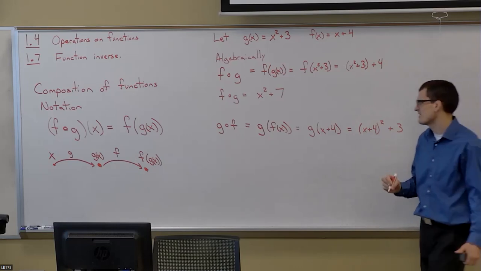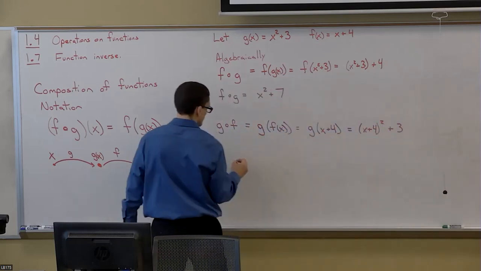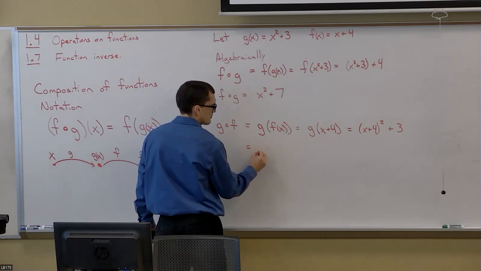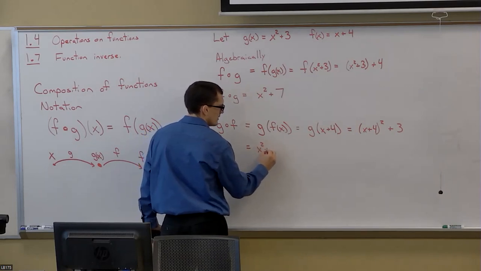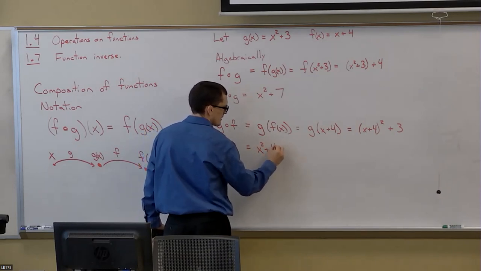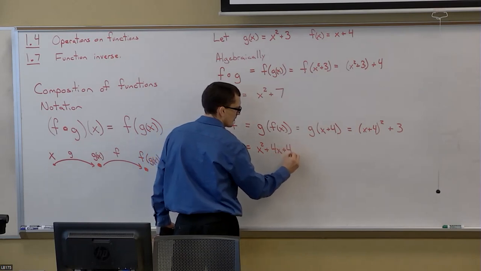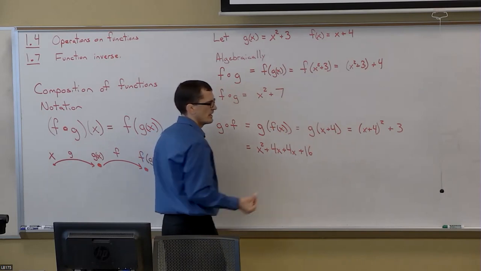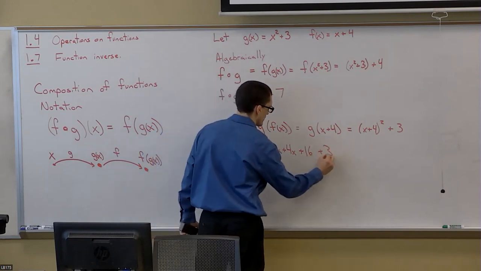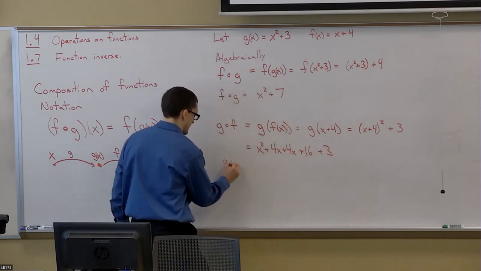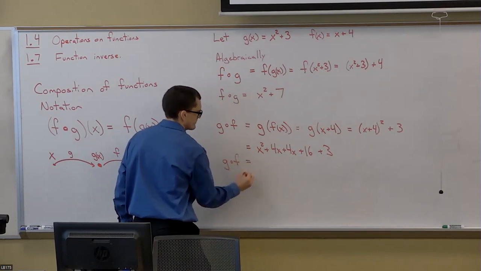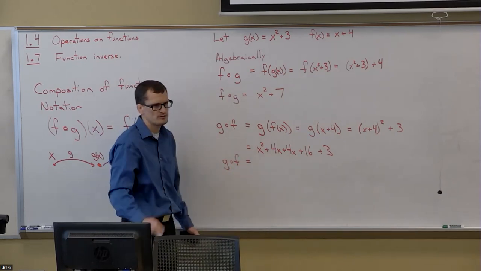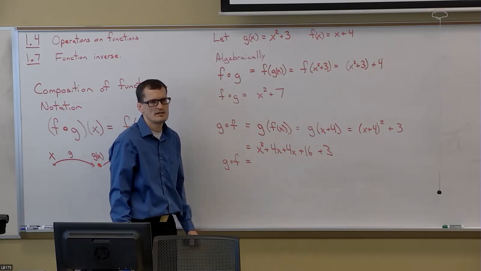That might take just a minute of algebra. x squared plus 4x plus another 4x plus 16, when I multiply that out, and then plus 3. We've multiplied polynomials before in here, so I think that should be all right.